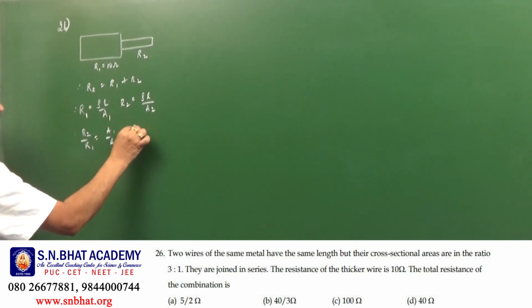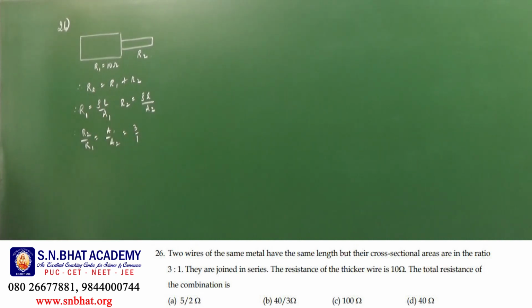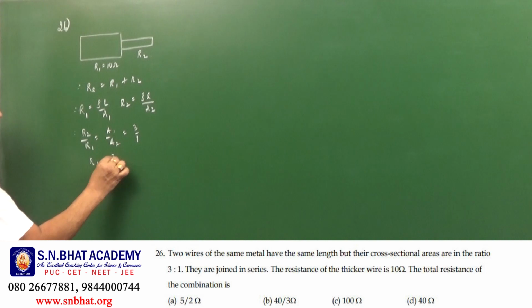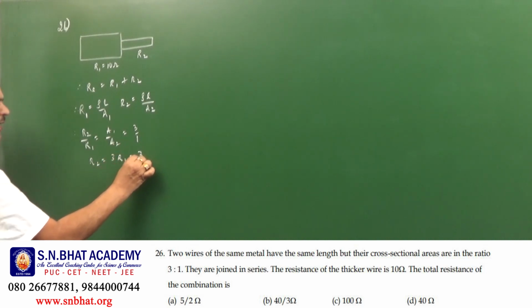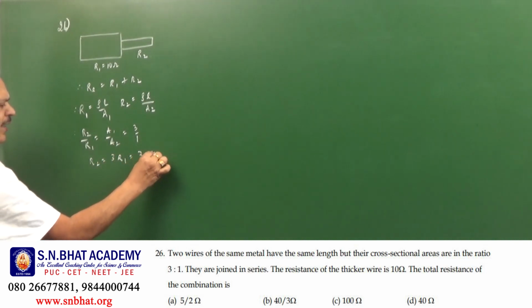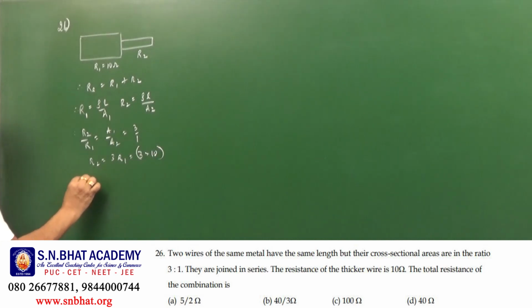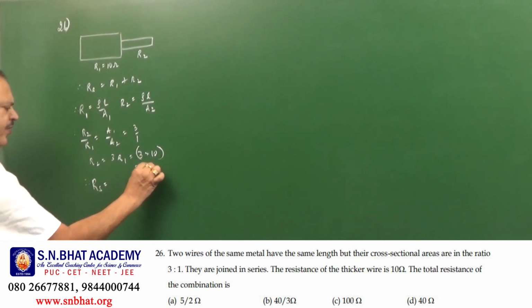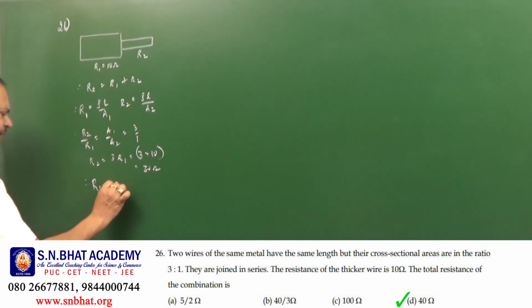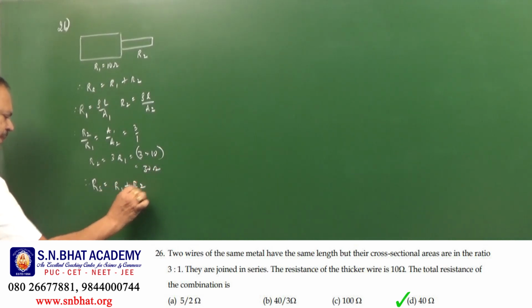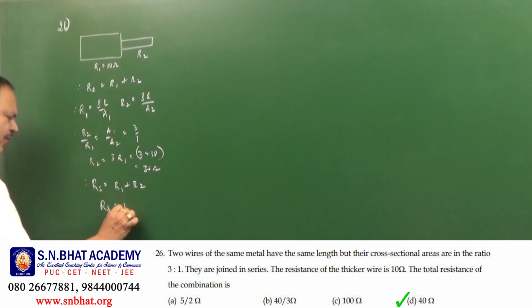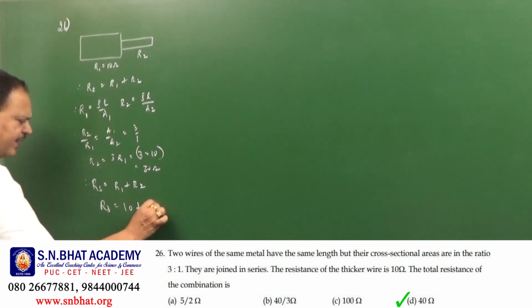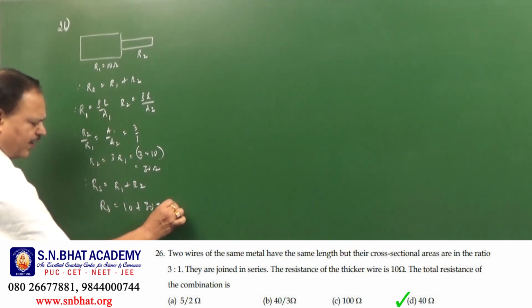He says it is 3:1, where A1 is the area of the first one. Therefore R2 is equal to 3 into R1, and 3 into R1 is equal to 30 ohms, since R1 is 10. Therefore the total resistance RS is equal to R1 plus R2, so RS is equal to 10 plus 30, and this comes out to be 40 ohms.